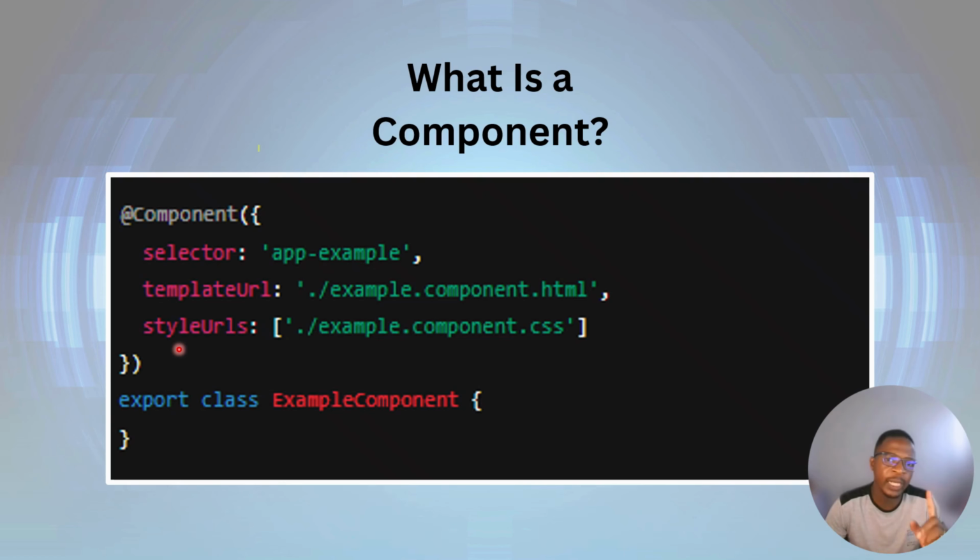Now, rest assured that these styles will be contained in that component, and they do not affect other components. Now, the overview of a decorator. The decorator just establishes the environment, answering questions such as where it appears, how it looks, and what style it employs, while delegating the functional aspects to the class itself.